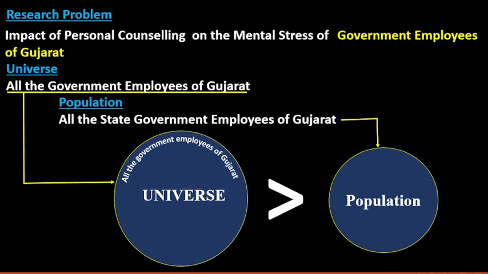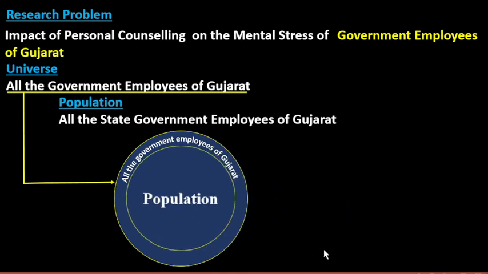The researcher is going to collect data from state government employees only, so the population will be state government employees of Gujarat, and the findings of this research will be applied only on state government employees of Gujarat. In this situation the population is a subset of the universe.